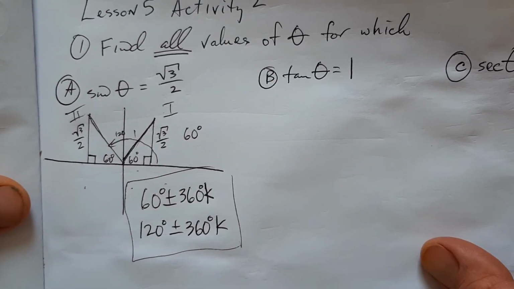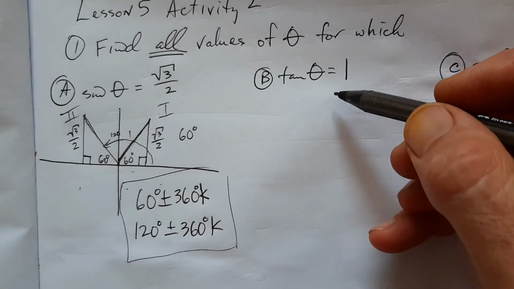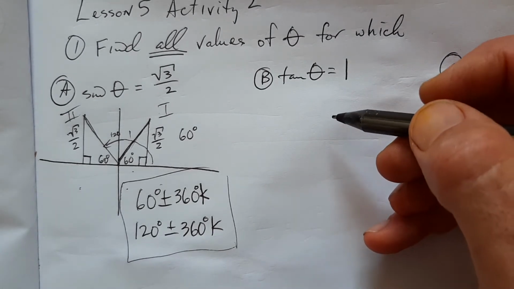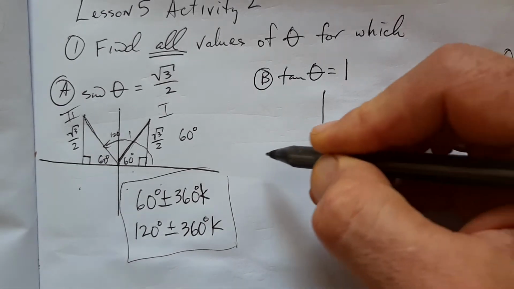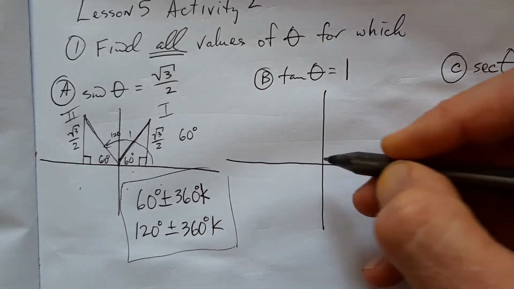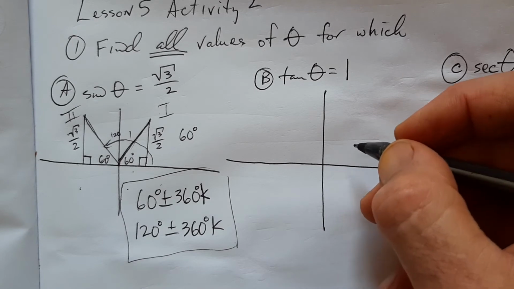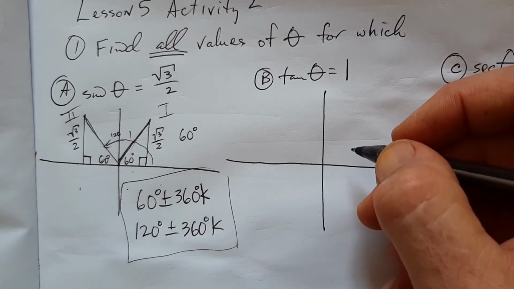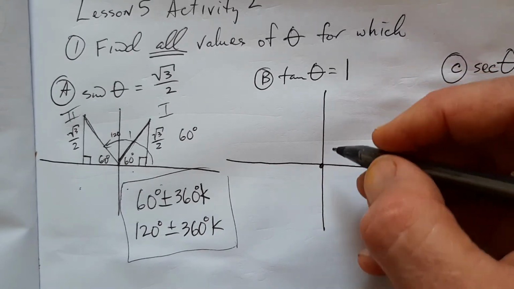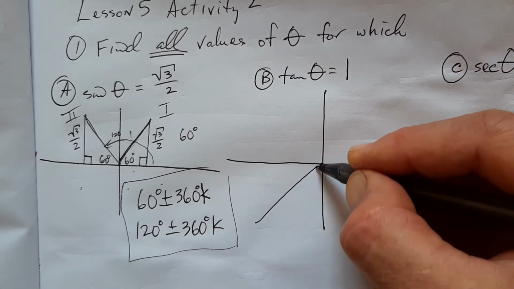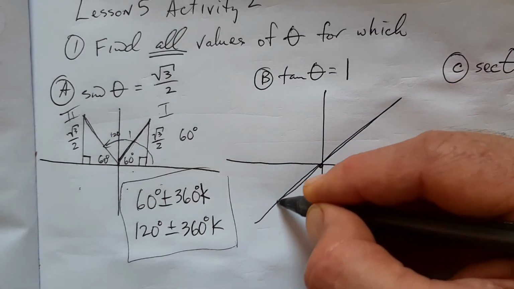Okay, tangent of theta equals 1. Please pause again if you need to, and we'll do this one. The tangent is positive. So where are we here? I know that tangent is the slope of the line.